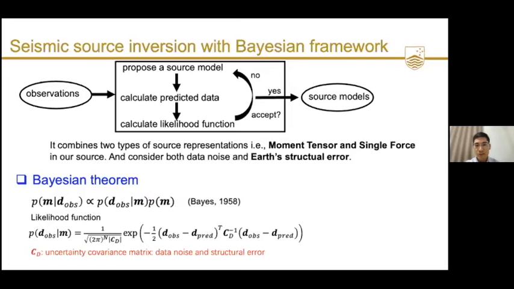The likelihood function measures the fit between observed data and predicted data. Based on it, our method decides whether to accept each updated source model. To get a complete uncertainty estimate, we combine data noise and structural error in our covariance matrix CD here.